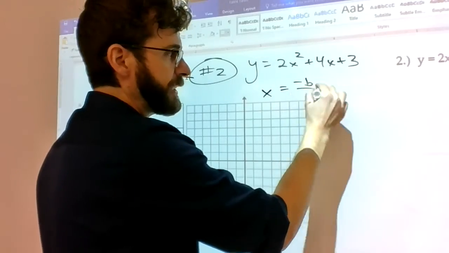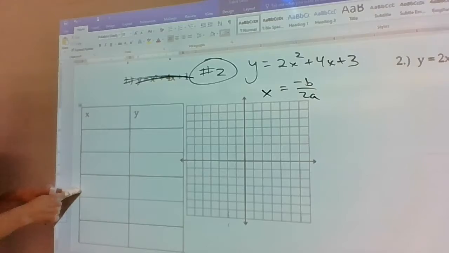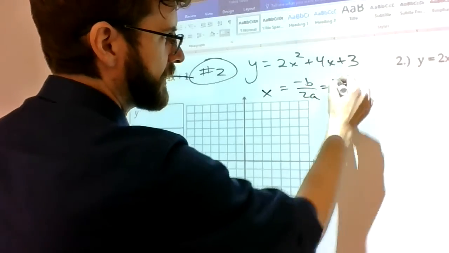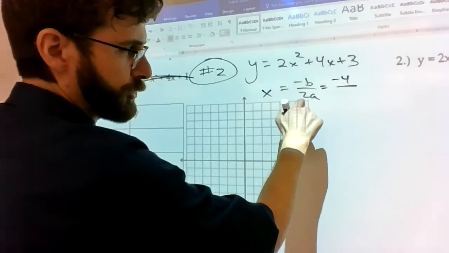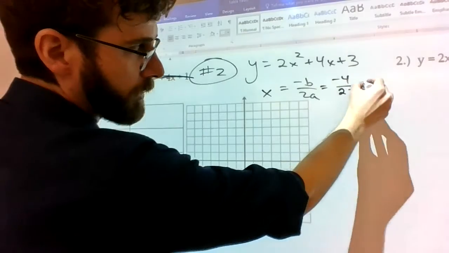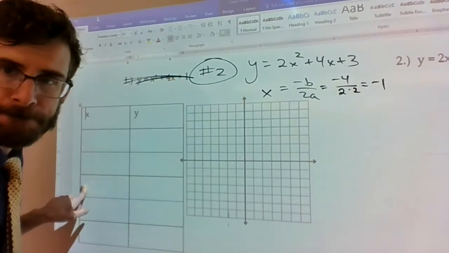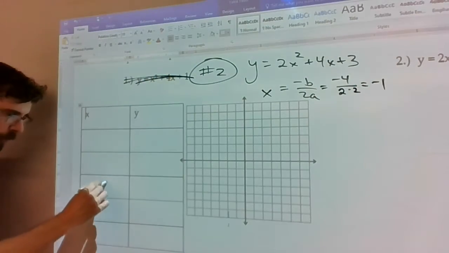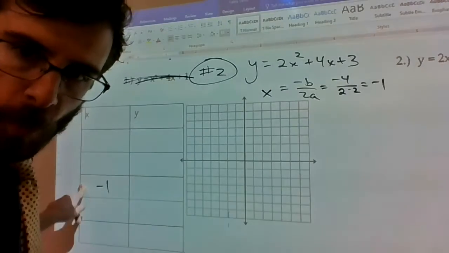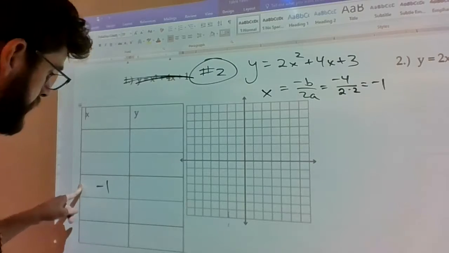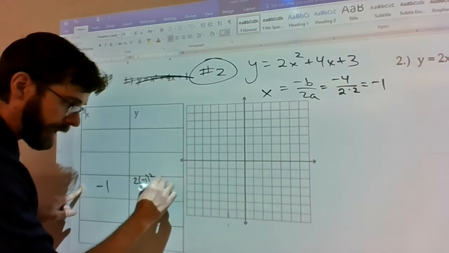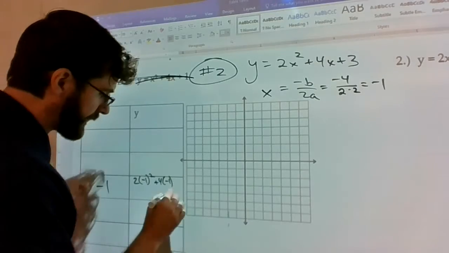So you're going to do negative b over 2a to find your middle value. Okay, the b value is 4. The a value is 2, so 2 times 2. Well, this is negative 4 over 4. It's negative 1. So x equals negative 1 starts it out, and then I'm going to plug negative 1 into the expression 2x squared plus 4x plus 3.